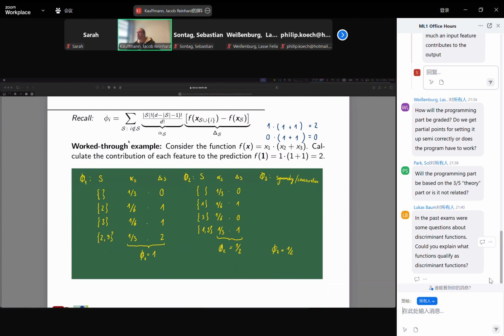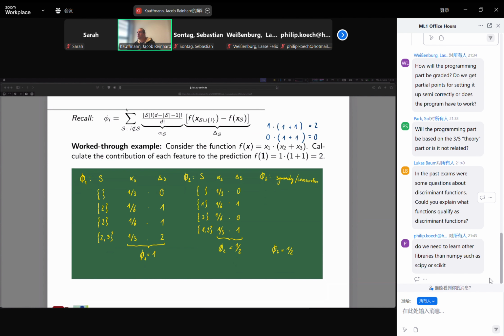All right. Do you see my cursor? Okay. Here you see it's a sum over all the sets S that don't include the variable i. So we compute phi 1.